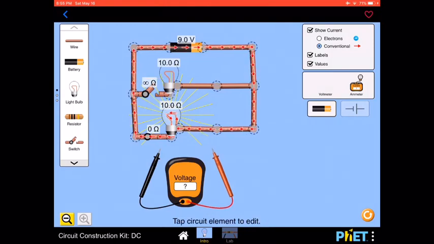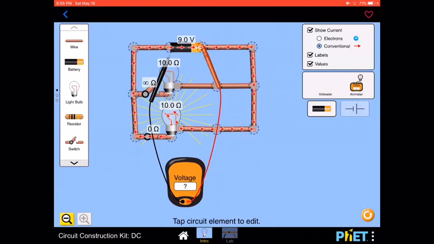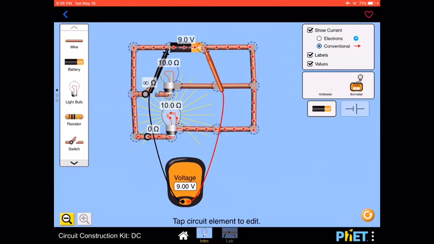And what do I want to do? If I look at the voltage of my battery, surely you know what the voltage is. The voltage will be 9 volts. And we are assuming that the voltage we're measuring here is the potential difference, and that there's no internal resistance in the battery.